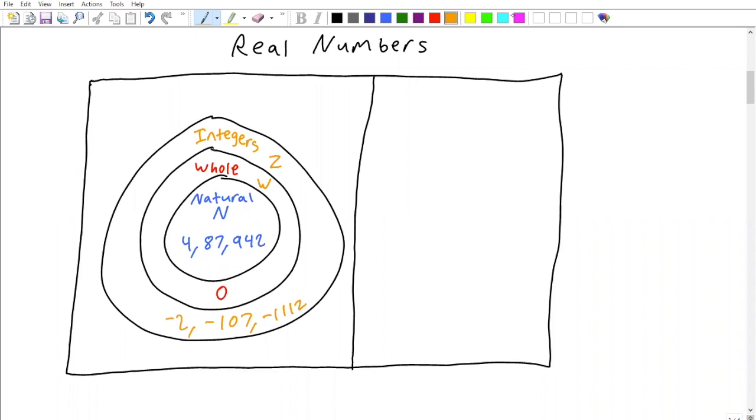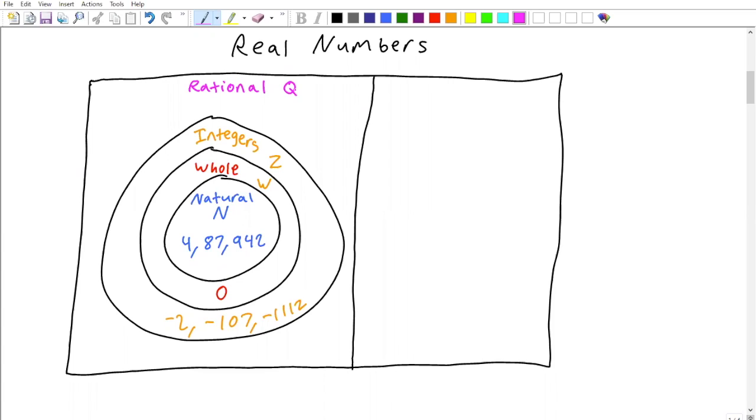Then we get to what are known as the rational numbers. Rational numbers are usually denoted with a Q. I don't really know why, maybe quotient, because it deals with dividing and fractions, but it's Q. Rational numbers are any numbers that can be written as a fraction.